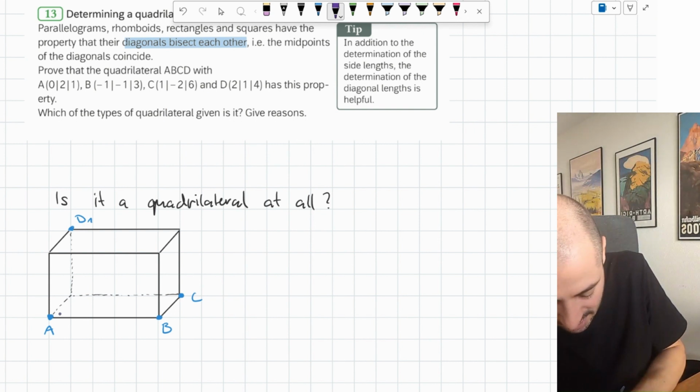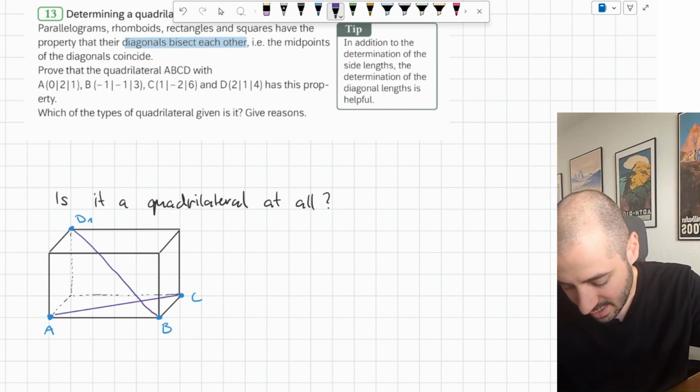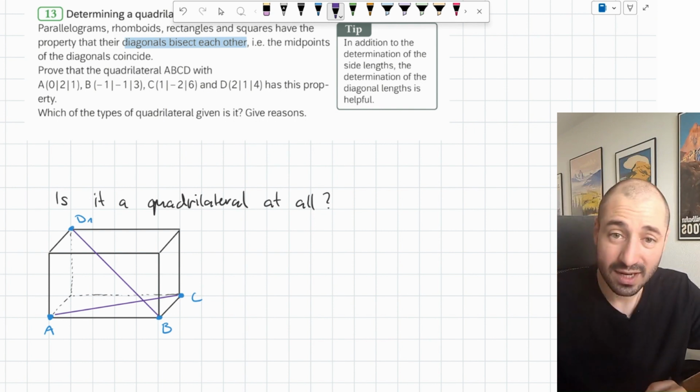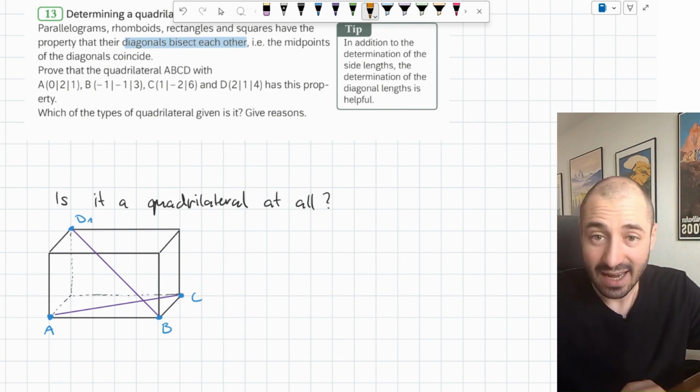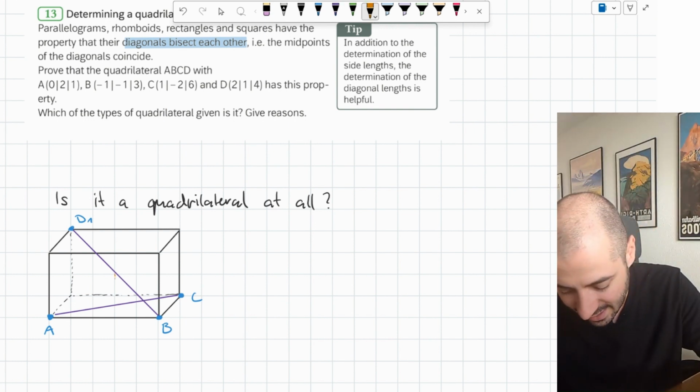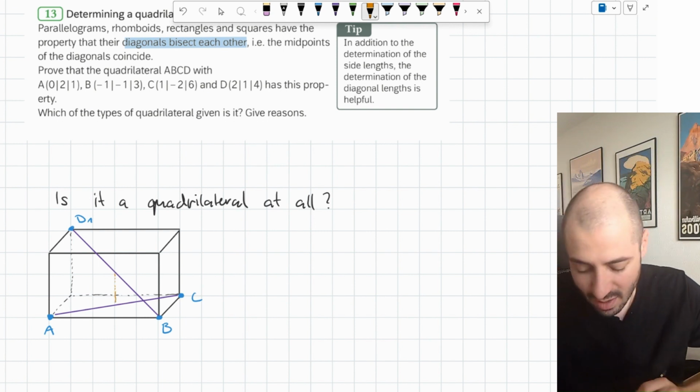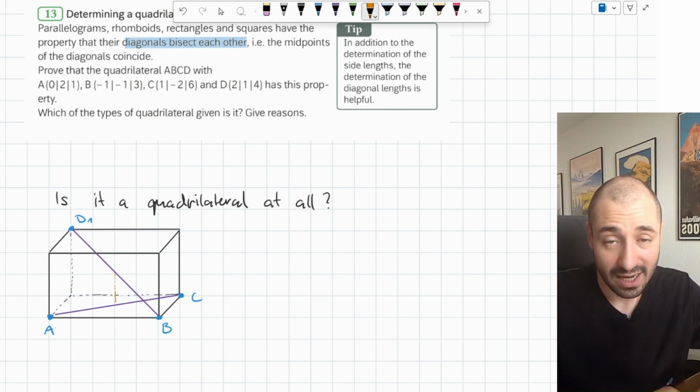So let's quickly draw the diagonals. That's the first one here, and this one would be the second one. What we can see now is that if these points don't lie on the same plane, then the diagonals won't intersect. There's no point of intersection between these two lines.